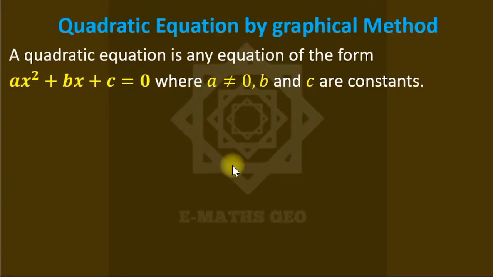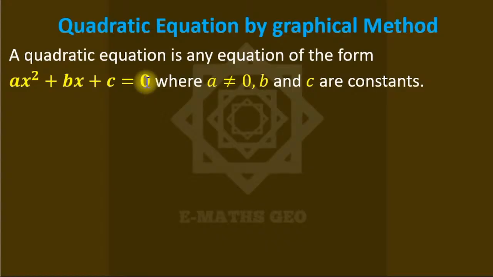The graphical method of solving a quadratic equation: a quadratic equation is any equation of the form ax squared plus bx plus c equals 0, where a is not 0 and a, b, c are constants. Looking at this, we have two functions, because we cannot just plot this.